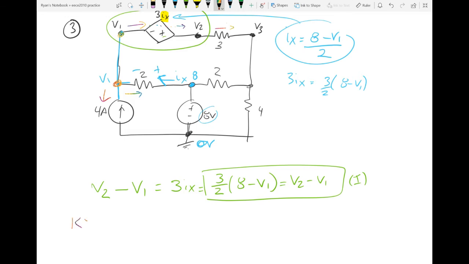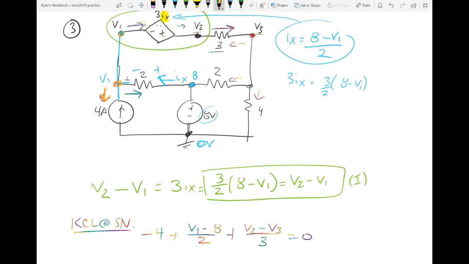So what you could say is KCL at the supernode is going to be this current down, which is minus 4, okay. This current to the right, which would be plus to minus, V1 minus 8 over 2, and then any current that passes through here becomes this current, which has to be V2 minus V3 over 3, equals 0.